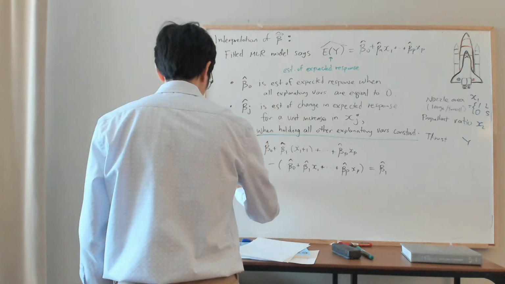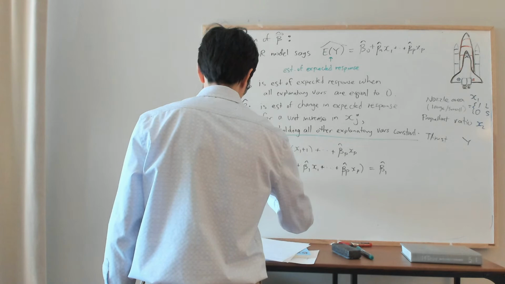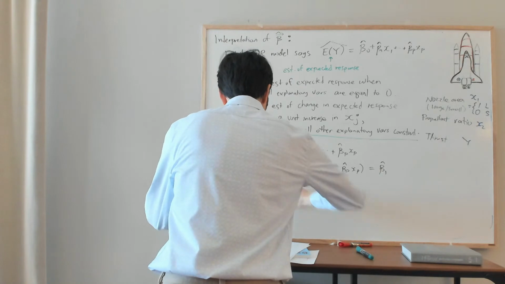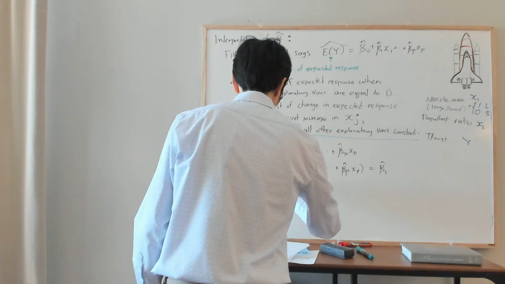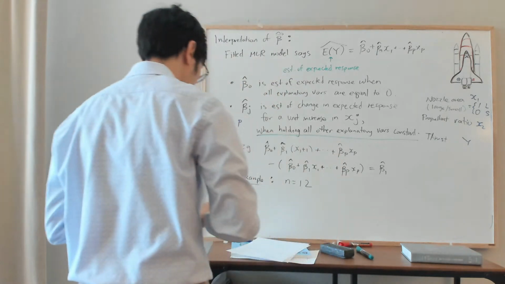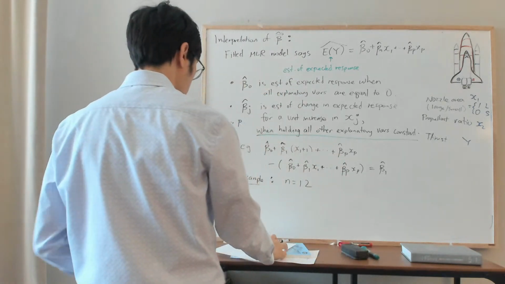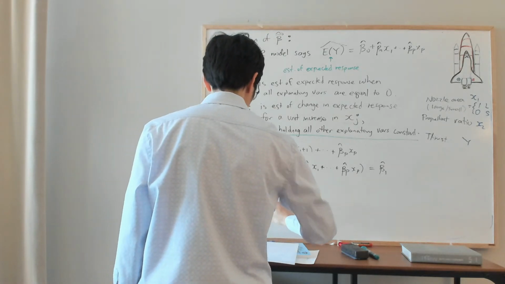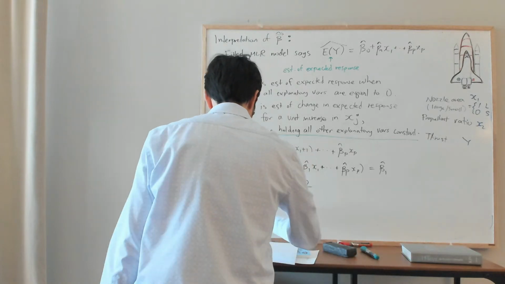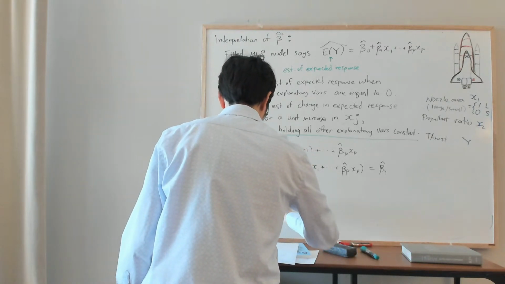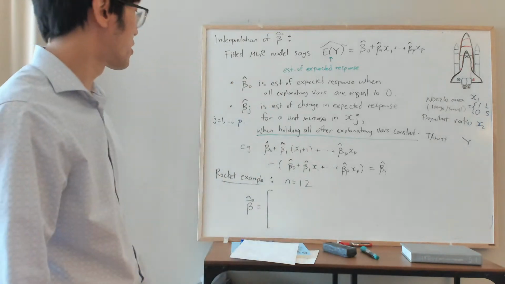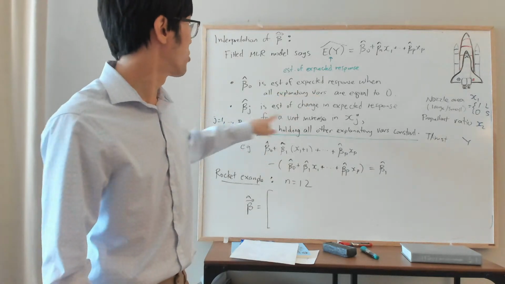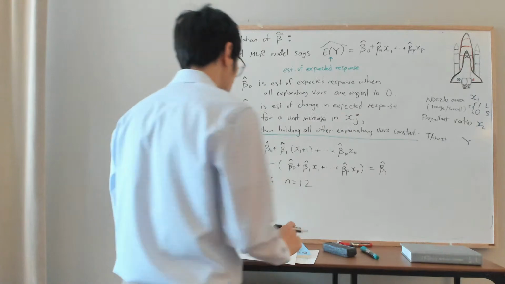Let's go back to our rocket example and look at some summary statistics. I had 12 observations in the data, and after computing my estimates, the beta hat vector has three betas: beta 0, and then beta 1 and beta 2 for the two predictors x1 and x2.